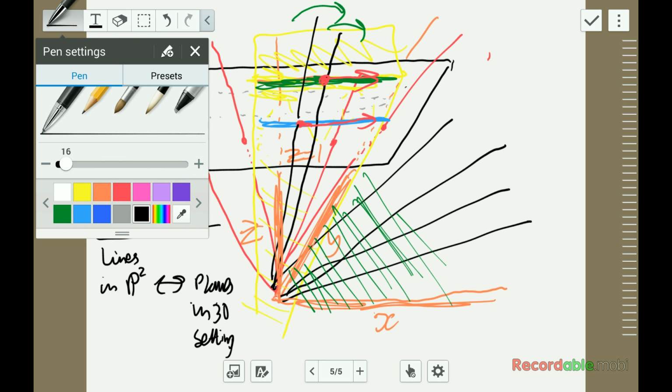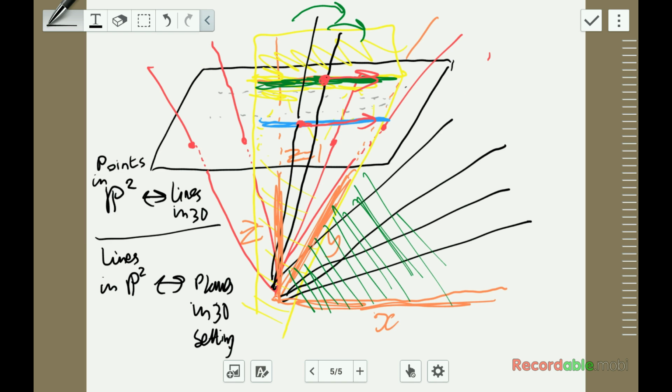So this is very interesting, I think, because what we have is that parallel lines meet at infinity. But it's more interesting than that, because any set of parallel lines, we might have 100 parallel lines, they're all going to meet in the same place at infinity.